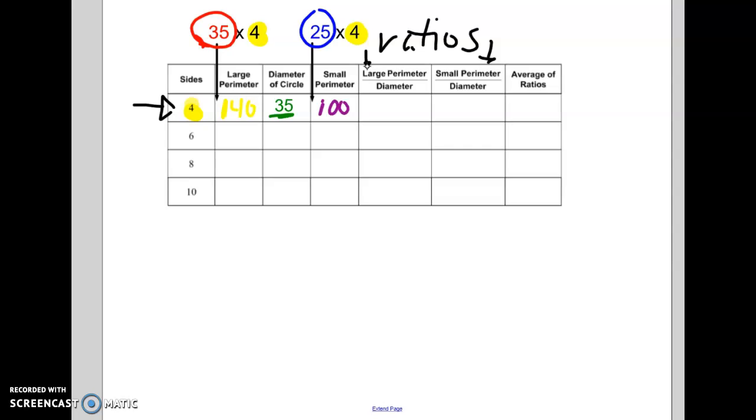So for the first one, we're going to take the large perimeter, which we calculated to be 140, and we are going to divide it by the diameter, which I told you was 35. Okay?